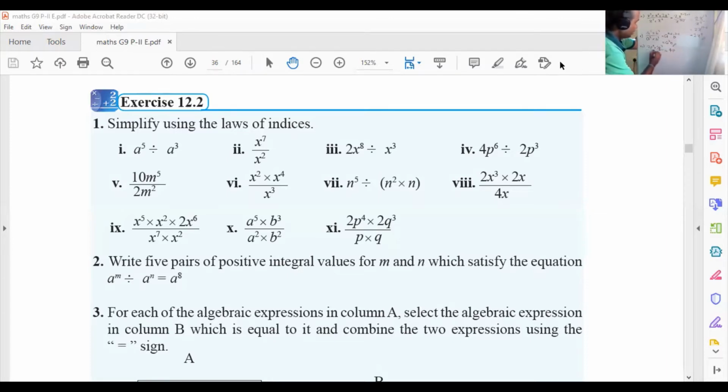P, here 1, therefore 4 minus 1. Q is there, here 1, therefore 3 minus 1. Then the answer is 4p to the power 3 q to the power 2.